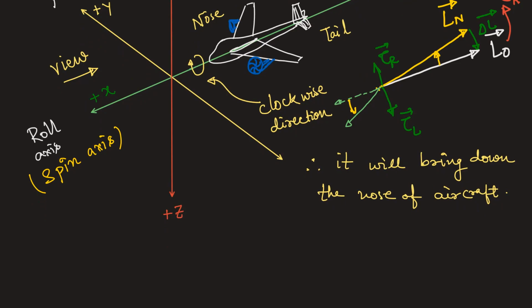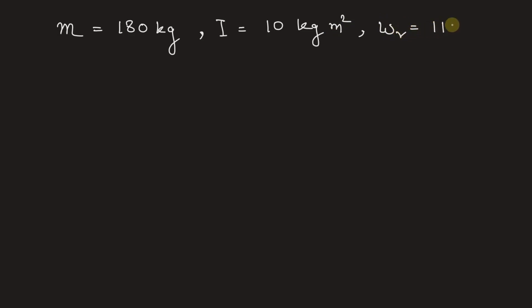Now let's calculate the gyroscopic moment exerted on the aircraft. In the problem it's given the mass, let's say M, is 180 kg. The polar moment of inertia, let's say I, is given as 10 kg meter square, and the rotation speed of the rotor is given as omega r equal to 1100 radian per second in clockwise direction when viewing from the front.